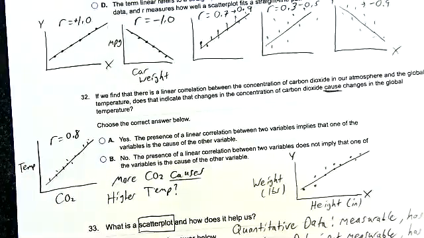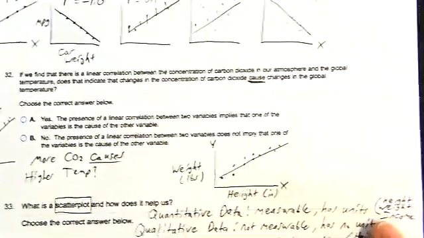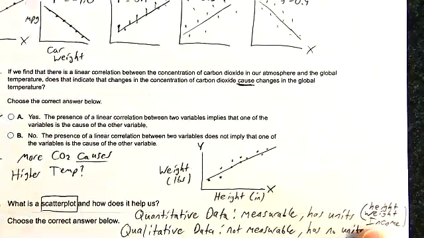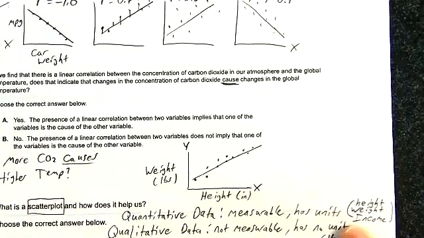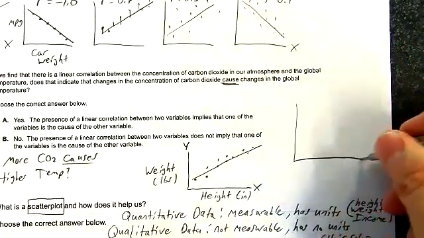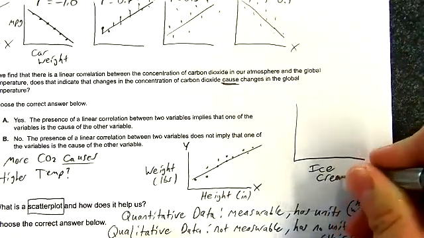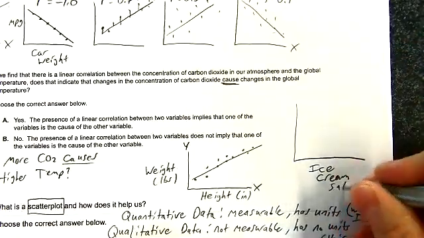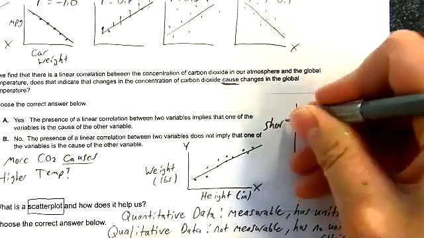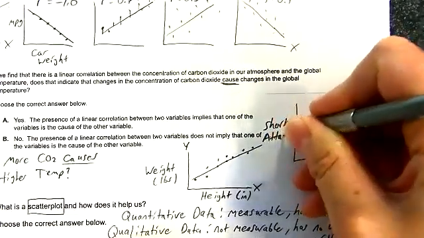Now, before you answer that, I'm going to show you another one that's maybe easier to analyze, and it's a real one I've seen. You can look this up and find data that proves this to be true. You can prove that as ice cream sales increase, shark attacks increase.